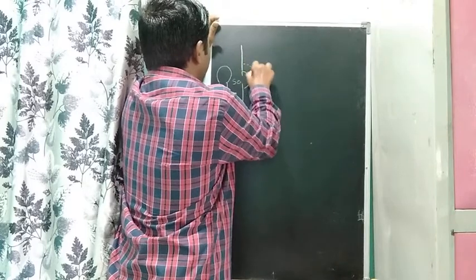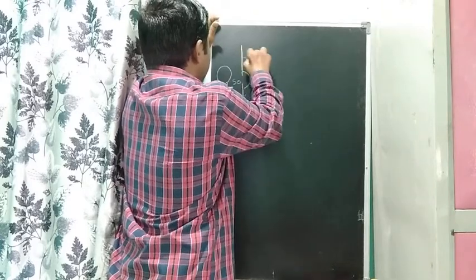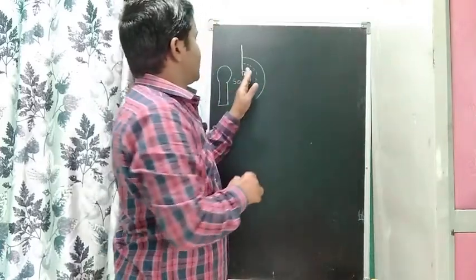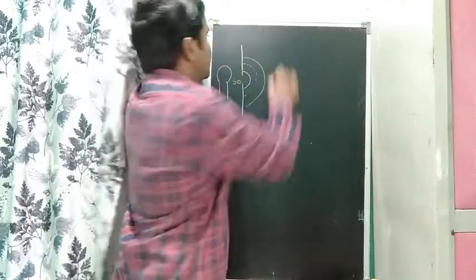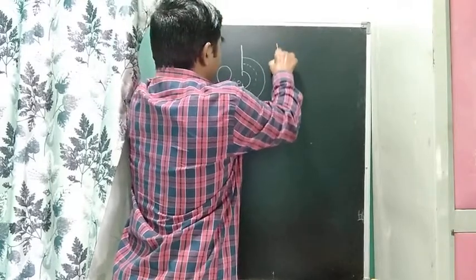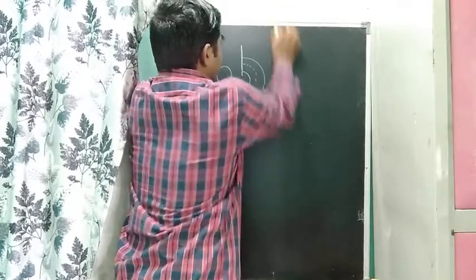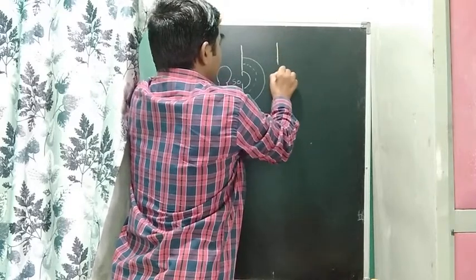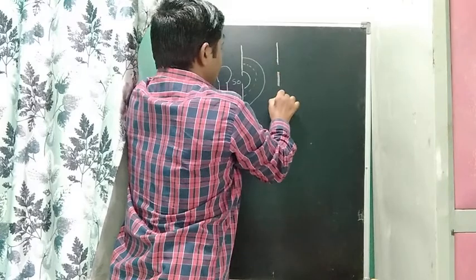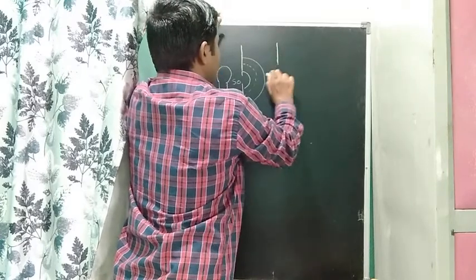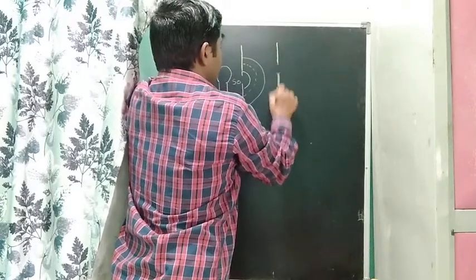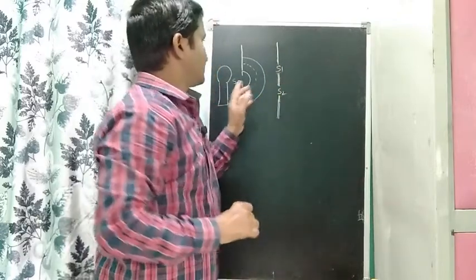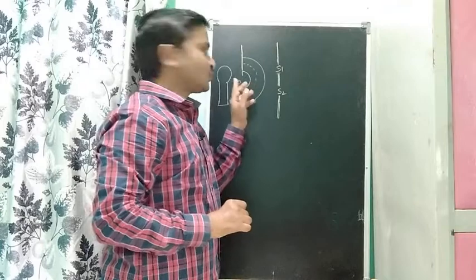The light waves are emitted from this slit, so that slit acts as a source, and these waves spread towards another opaque screen having two slits, S1 and S2, which are placed at equal distance from S0.